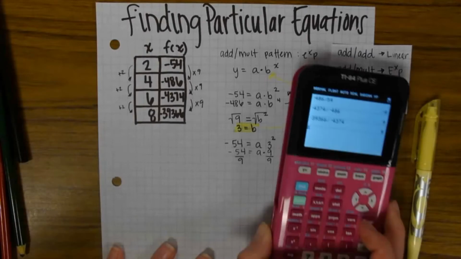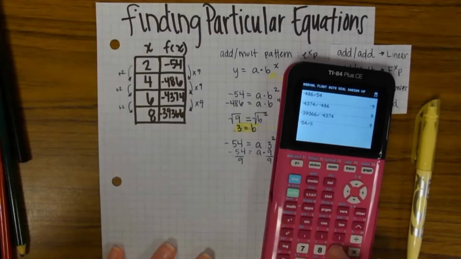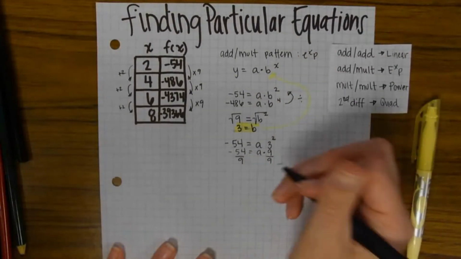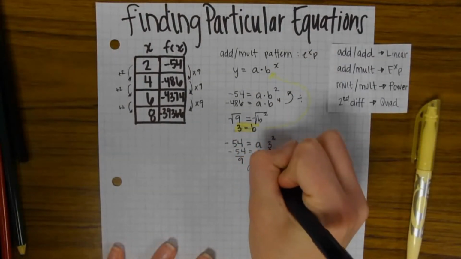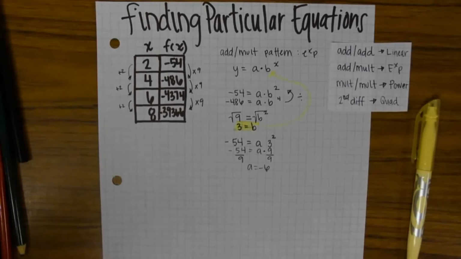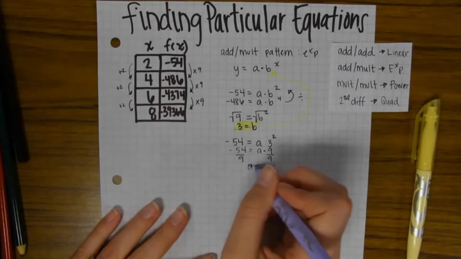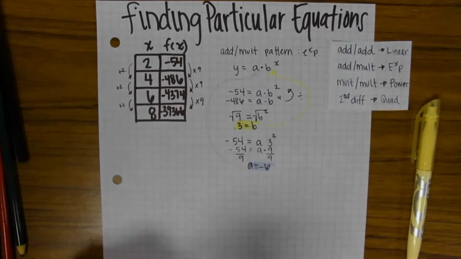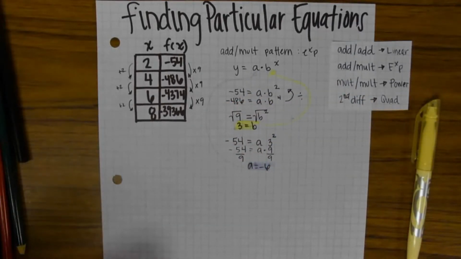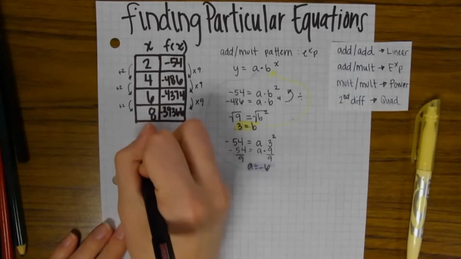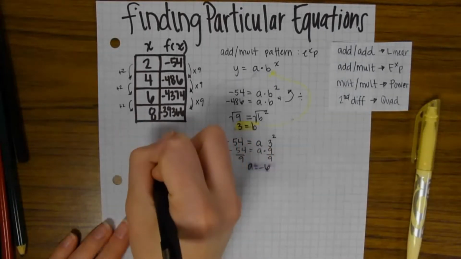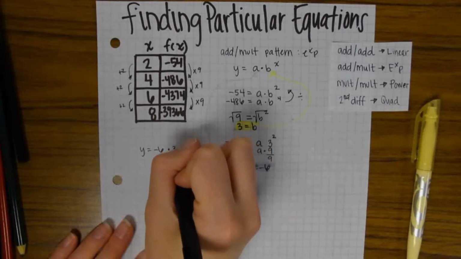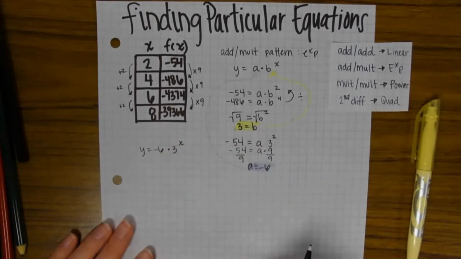Negative 54 divided by 9 is negative 6. So A equals negative 6. Take this and plug it in for A. So our particular equation for this table is y equals negative 6 times 3 to the power of x.